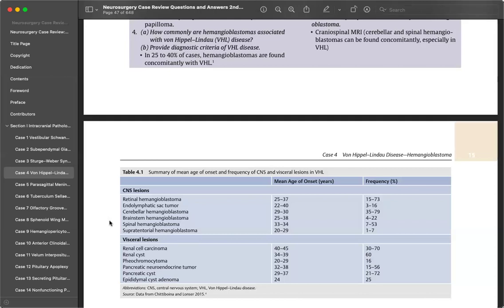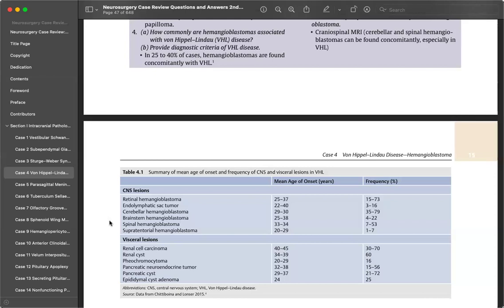Retrobulbar hemangioblastomas are rare, seen in 5.3%, and the severity of the optic disease correlates with CNS and renal involvement. Early diagnosis and treatment with laser photocoagulation and cryotherapy can help prevent visual loss. And if it is refractory, low-dose external beam radiation therapy can be done for retinal hemangioblastomas.